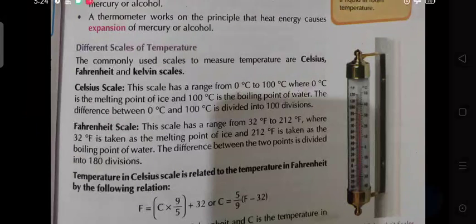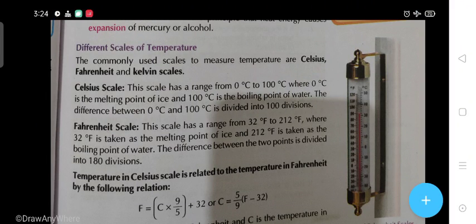Students, here are the different scales of thermometer. Students, I talked about the degree Celsius and the Fahrenheit and the Kelvin. They differ from each other. But how? The commonly used scales to measure the temperature are the Celsius, Fahrenheit, and the Kelvin scales.